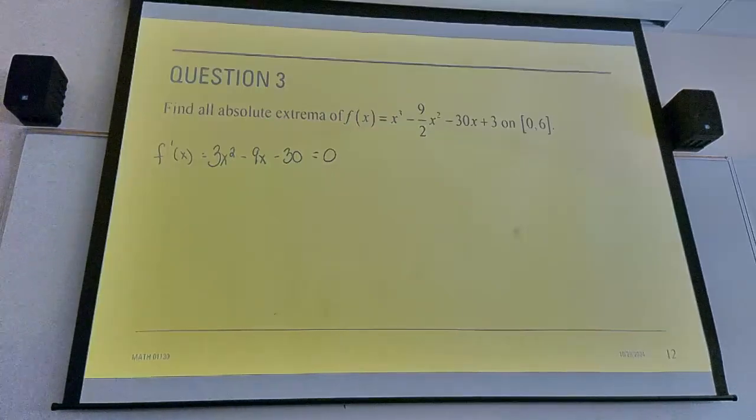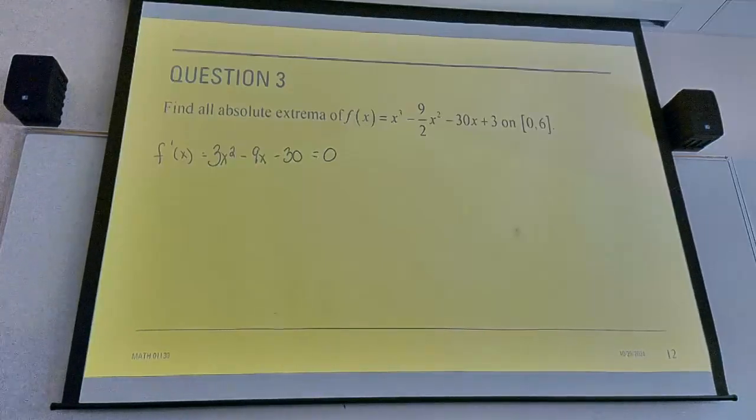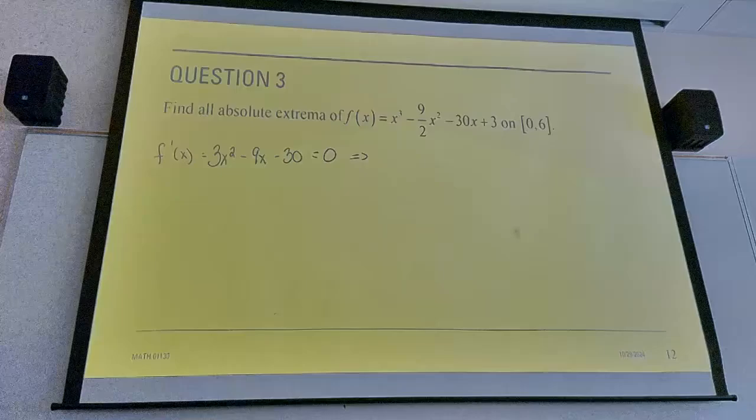This is relatively simple to solve, so I'm not going to use a calculator. It's quadratic. More importantly, I can make this an easier quadratic. Multiply everything through by 1/3.